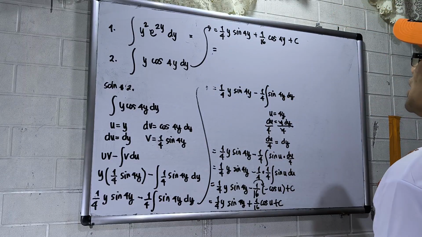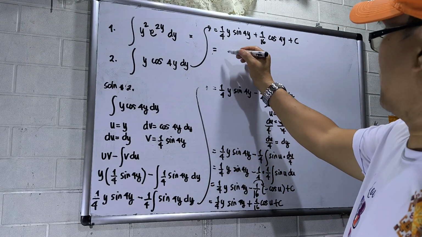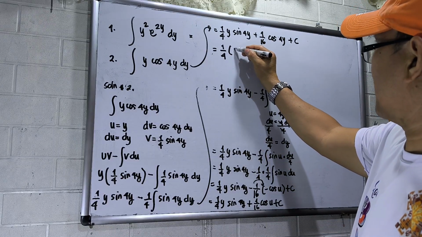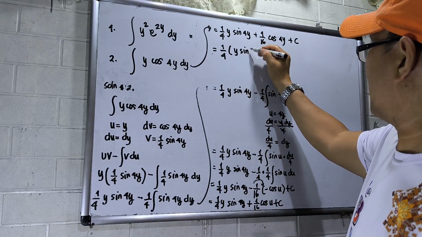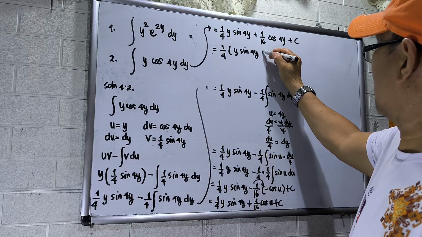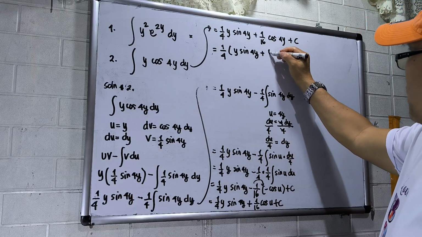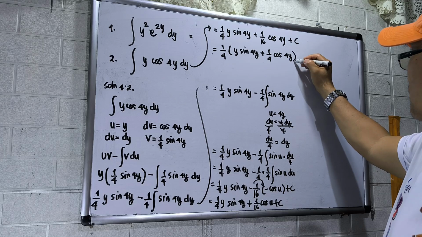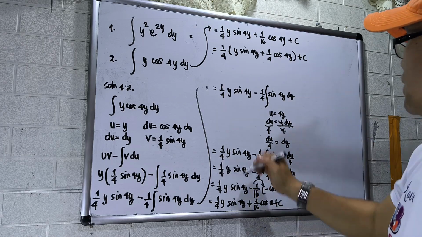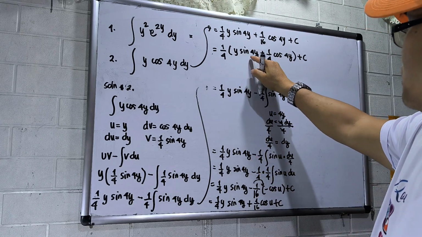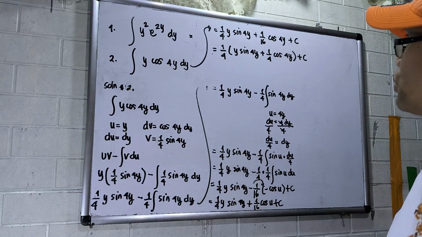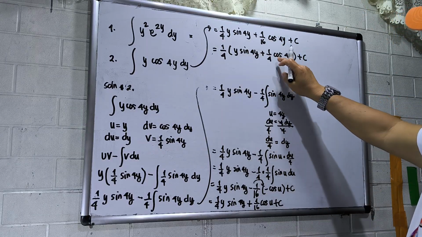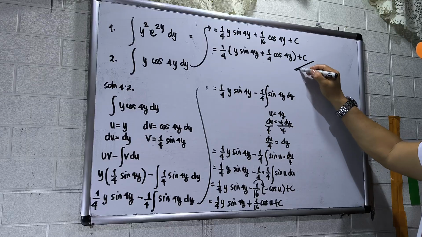Then common factor will be 1/4. 1/4 in brackets y sine 4y, then plus 1/4 cosine 4y, close, and then this will be plus c. So let us check. 1/4 times y sine 4y, that will be 1/4 y sine 4y. Then 1/4 times 1/4, 1/16 cosine 4y. This is my number 2 answer.